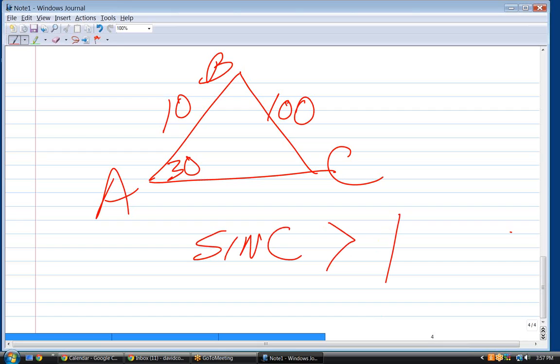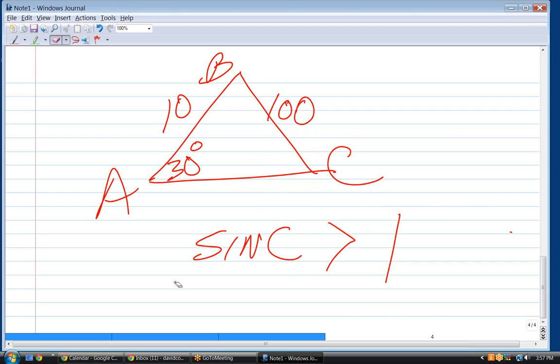That tells you that it's an impossible triangle. In other words, this triangle I've drawn can't exist. There's no way I can have a side of 100 opposite a 30-degree angle and a side of 10 opposite whatever that angle is. I know that that can't be.